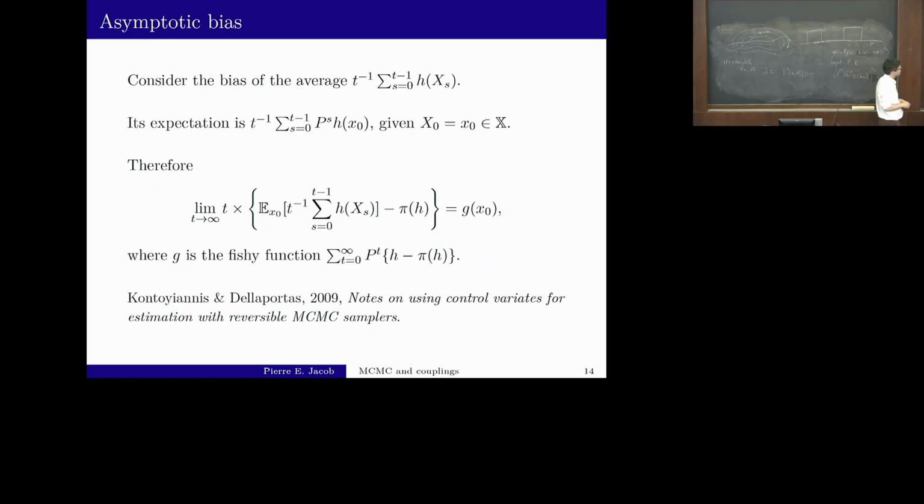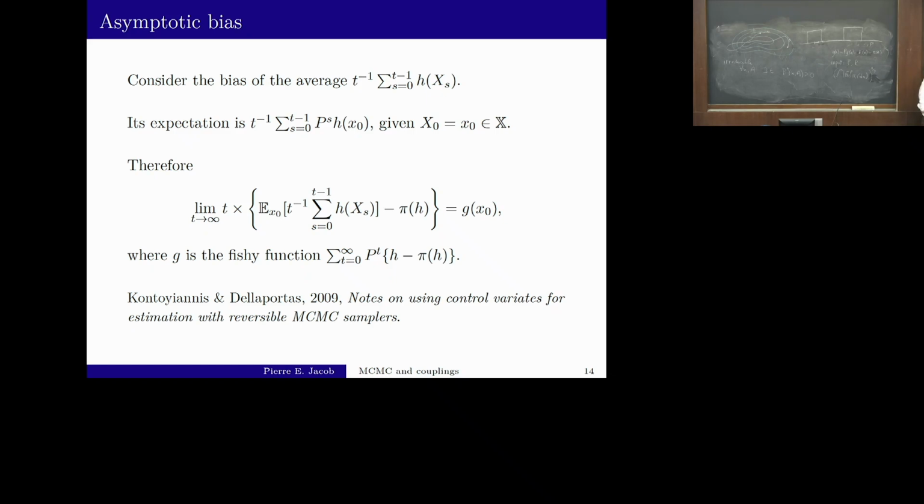Okay, it's been known also that the Poisson equation can be interpreted as something to do with the bias of Markov chains. And we're quite interested in the bias because it's the thing that prevents us from using parallel machines. If they were unbiased, we could just run them in parallel and average.